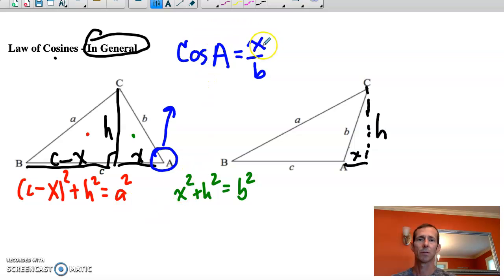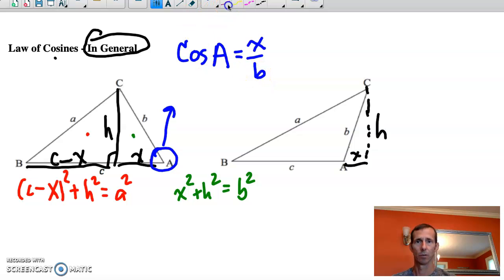So we're going to do something similar to what we did a little bit ago with some substitutions. One Pythagorean equation will substitute into the other, so we're basically going to put h squared in here, and this time, since I'm not going to be able to get x because I have no numbers, I'm just going to have x in terms of the cosine and the side b.